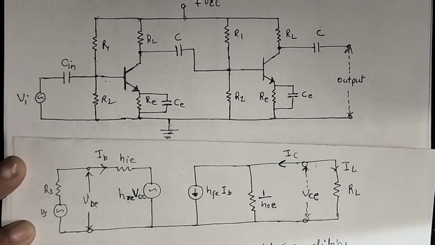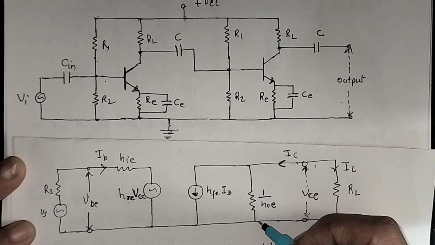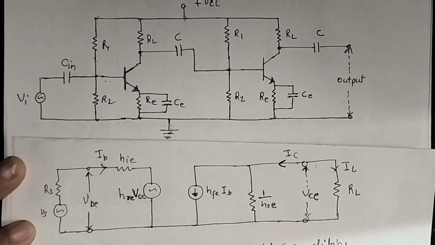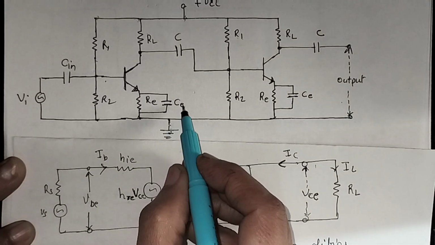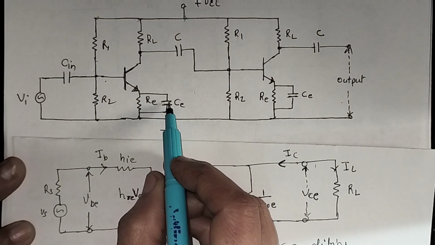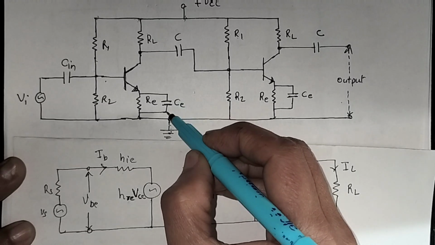Now as this output impedance is so large that it can be represented as an open circuit, we will remove this resistor from here. And for the AC signal, CE can be shorted because it bypasses the AC signal, means for the AC signal it acts as a short circuit.